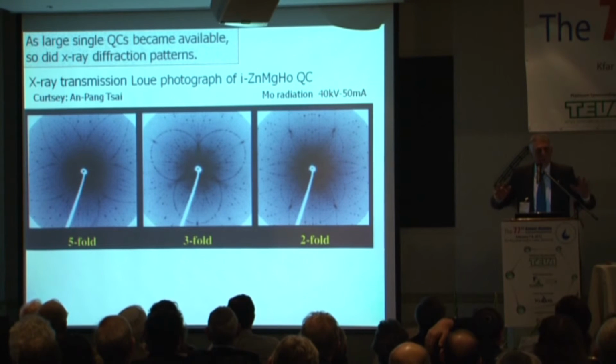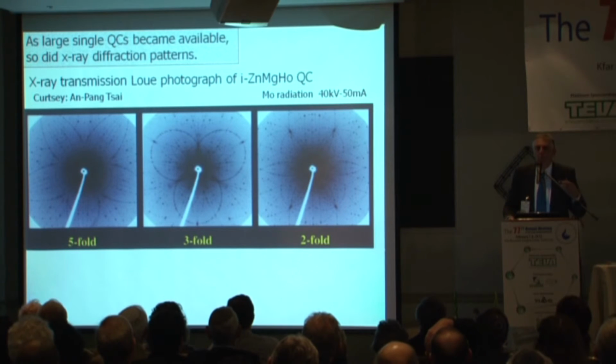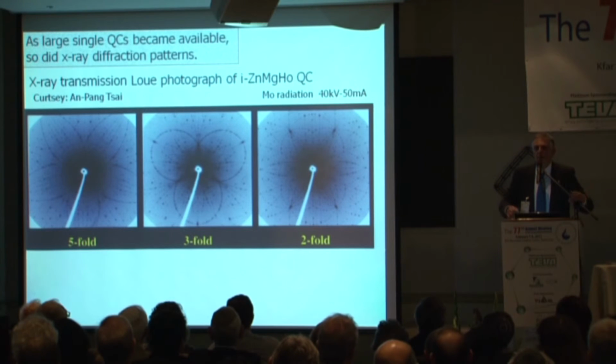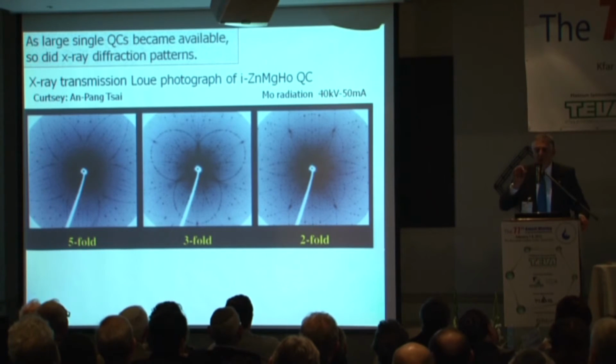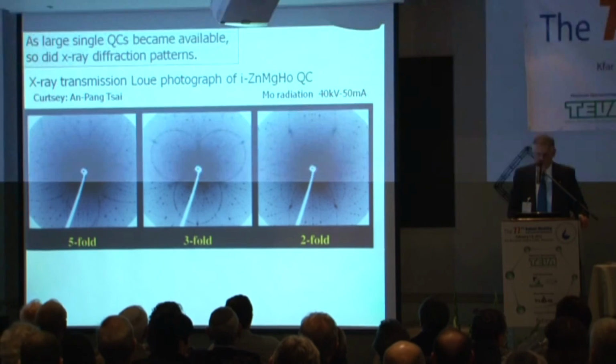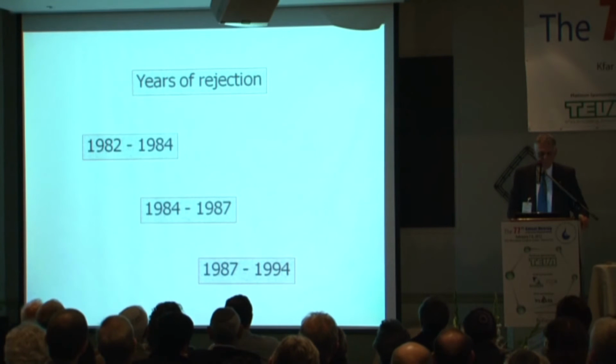Now we can accept what you are saying. Now we are willing to form a committee, and they formed a committee to study non-periodic materials, and that committee came up with the definition that I have shown you before, that mild, very humble definition. So in 1987, acceptance was there.